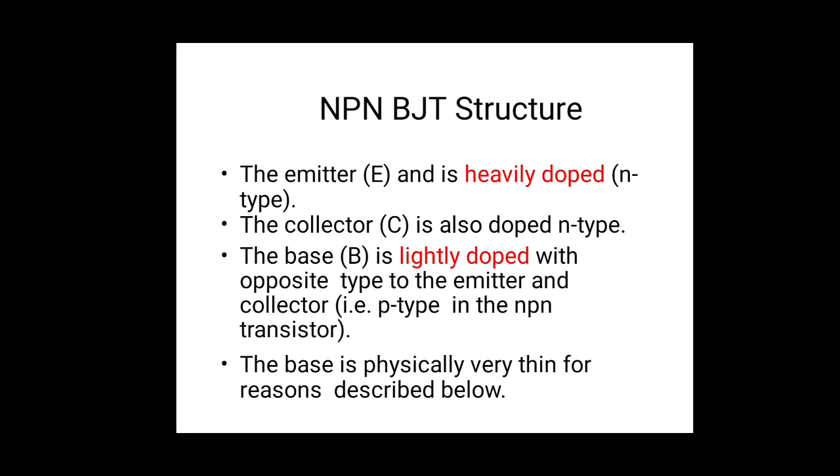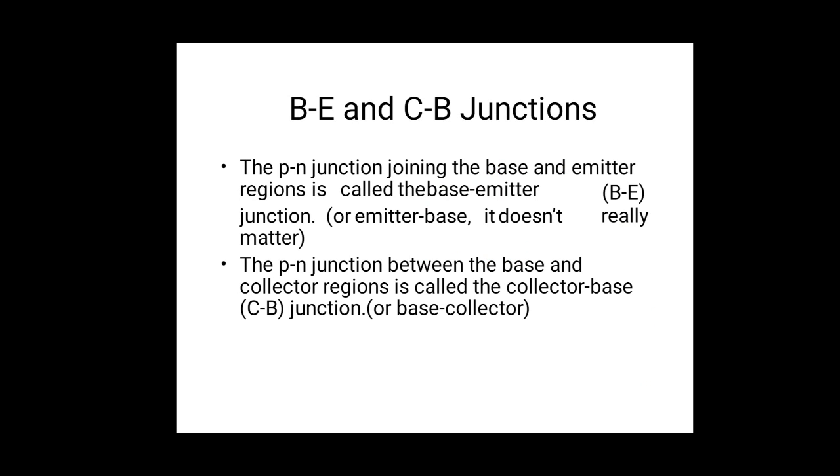So in the NPN transistor, the base is lightly doped with P type, opposite to the emitter and collector. The base is physically very thin in this region. In NPN and PNP transistors, there are two junctions available.